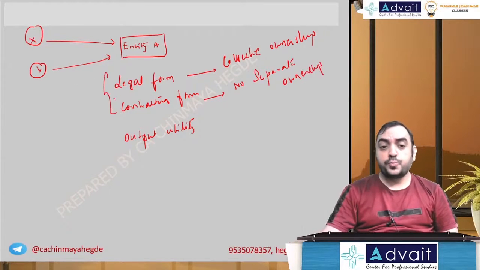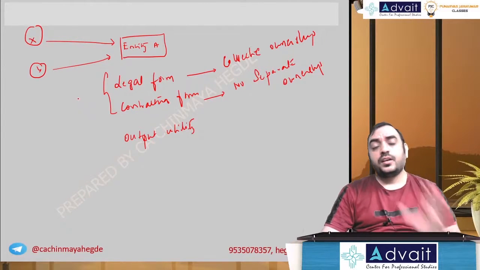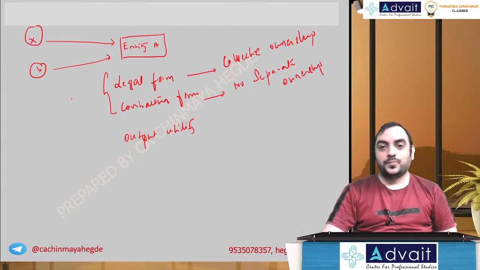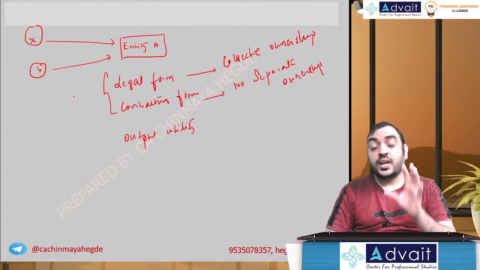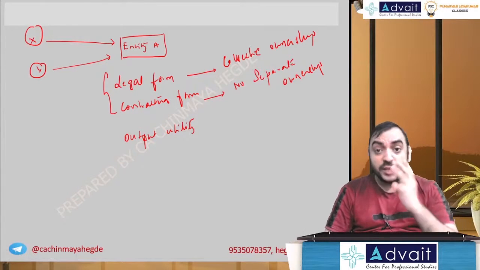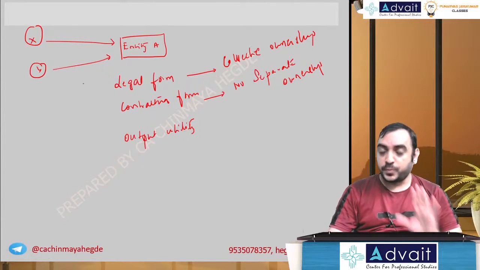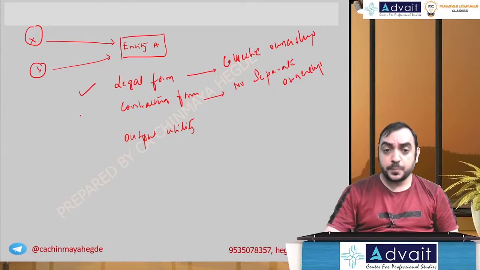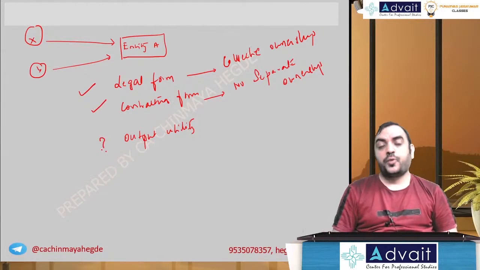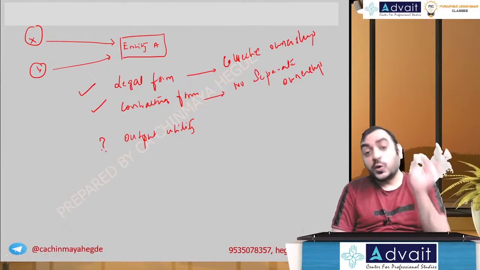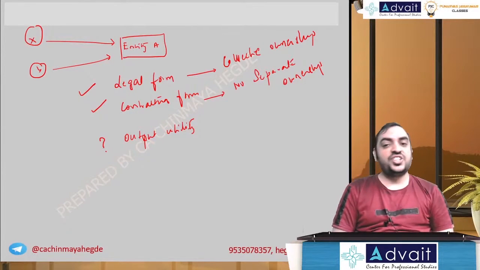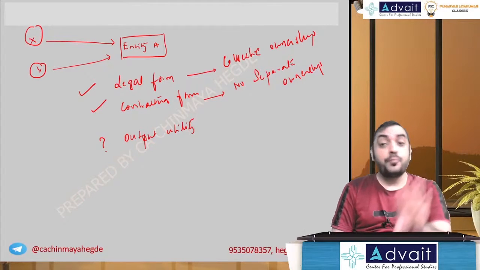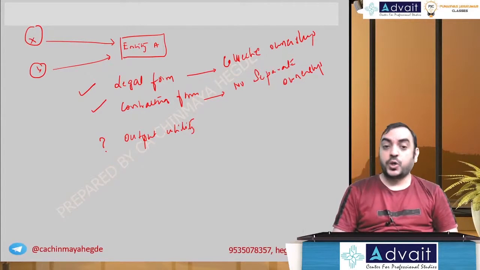Looking at these two points, it's a joint venture. But to classify it as a joint venture, all three points should be satisfied. First point satisfied, second point satisfied. What about the third point? If the third point is also satisfied, then you can say joint venture. Even if one point is not satisfied, it becomes a joint operation.